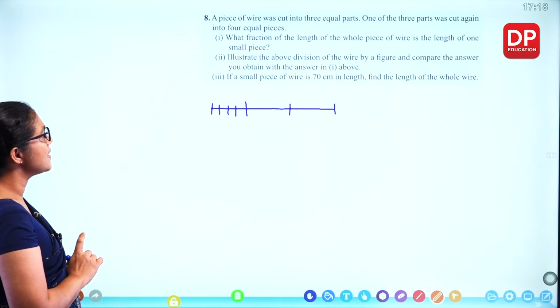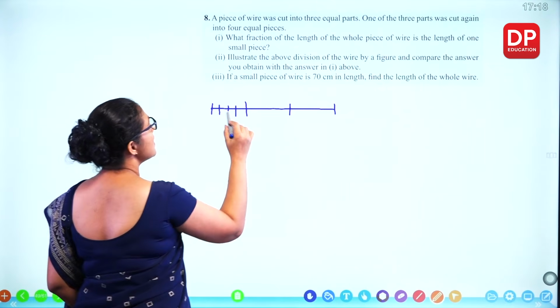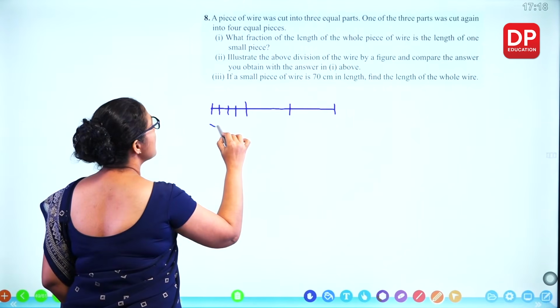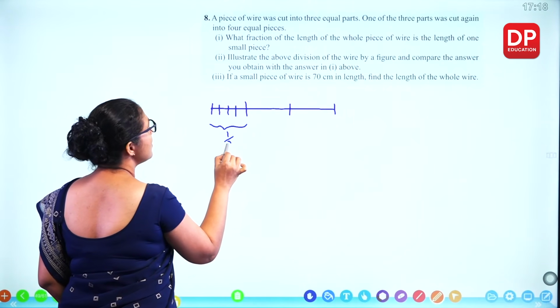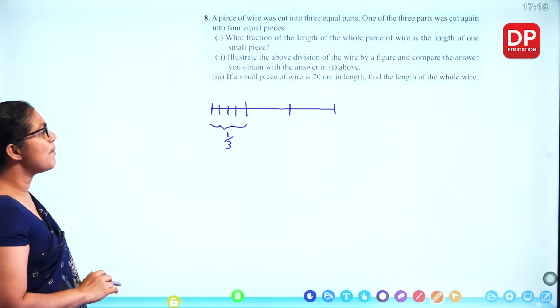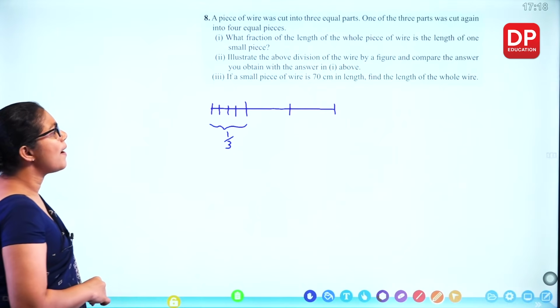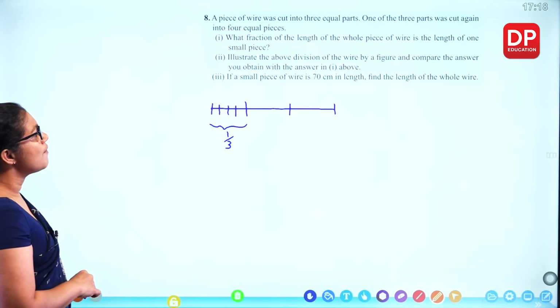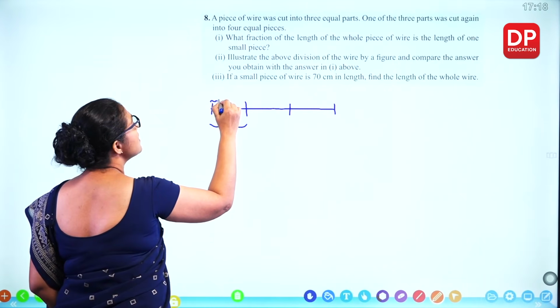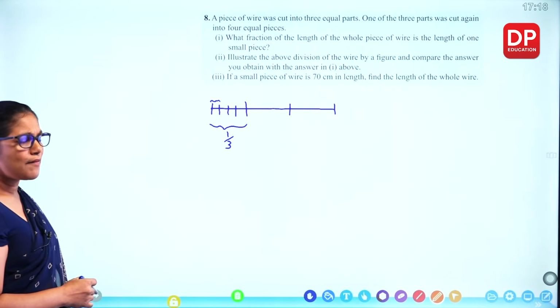one small piece? So if you divide the whole thing by 3 parts, this becomes 1/3. This is also dividing by 4 equal parts. So they are asking what is this fraction. So how can we do that?